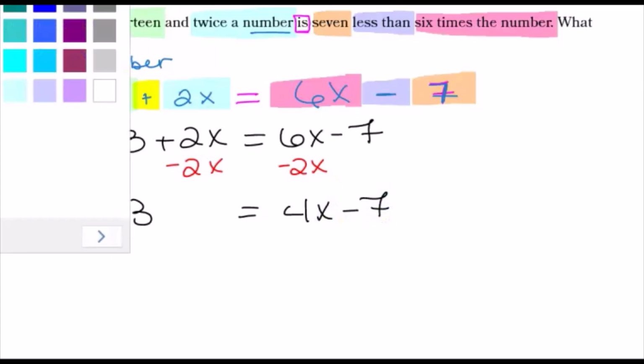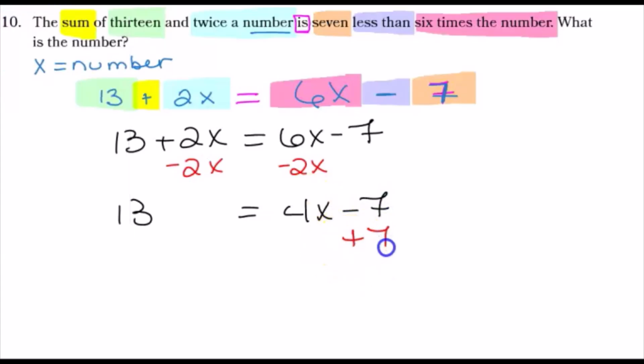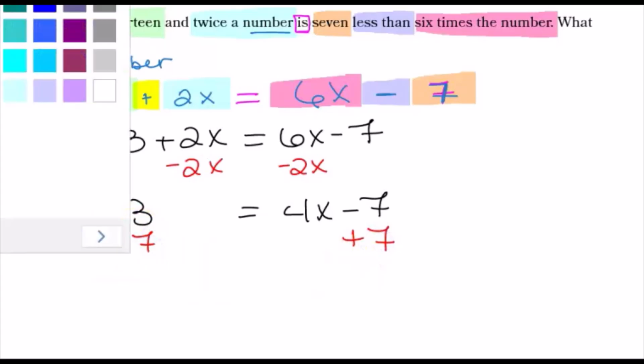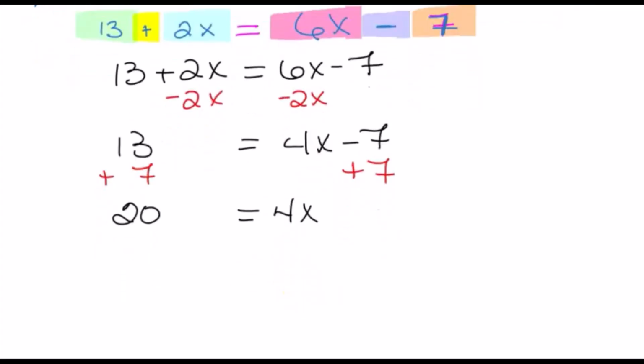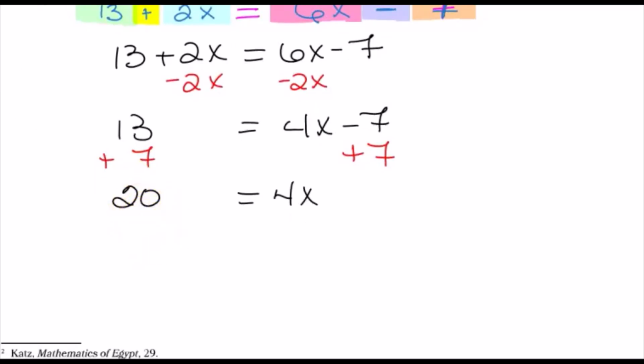And I have the negative 7 attached to the 4x, so to undo that, I'm going to use the inverse operation of addition and add 7 to both sides. Then I'm going to divide both sides by 4, and I get x equals 5.